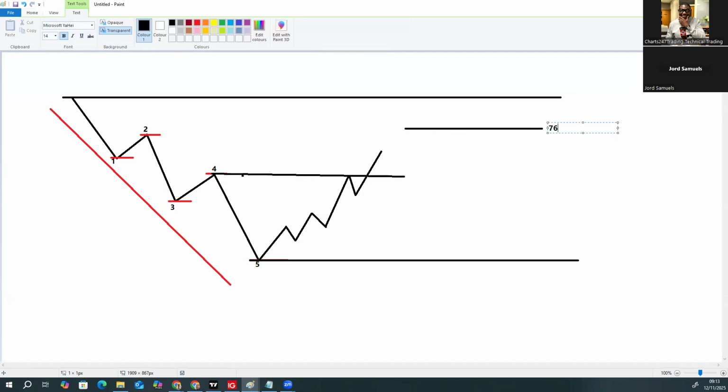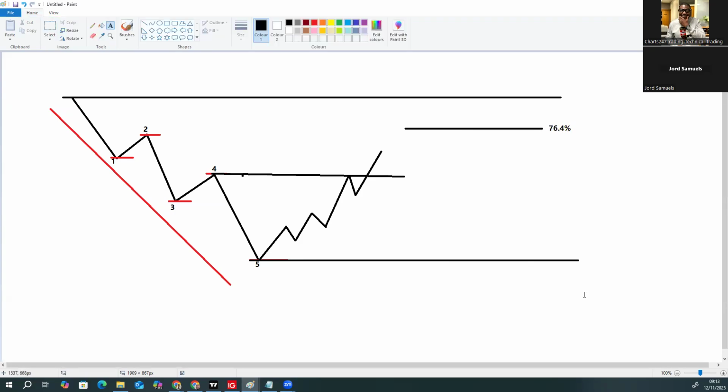So 76.4% retracement. That means the price has retraced from here to here is 100%, okay? From the high to the low of the move is 100%. Then if price gets to 76.4, we are expecting the T1, which I'm going to explain to you, okay? Just follow me now.